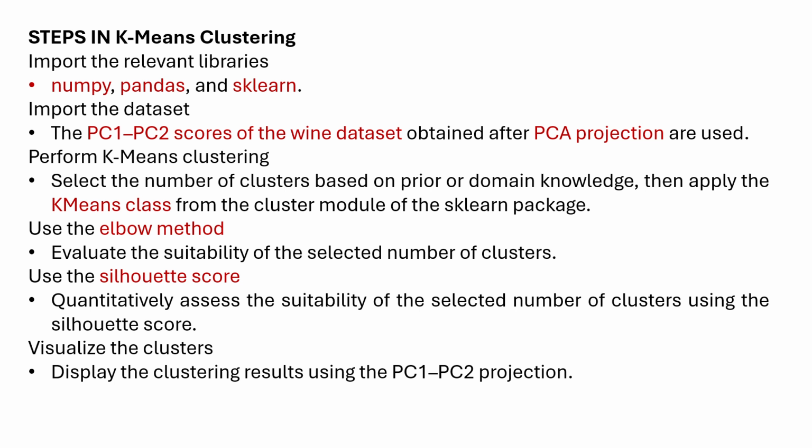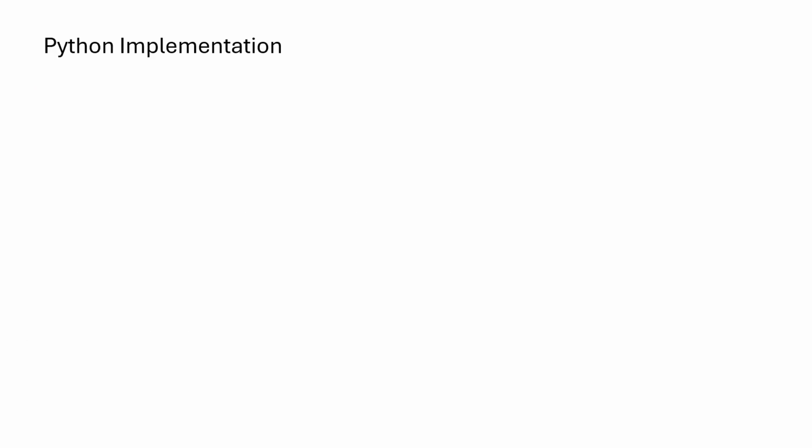Finally, we visualize the resulting clusters using the two principal components. This step-by-step workflow illustrates not only how to perform k-means clustering in Python, but also how to assess whether the resulting clusters provide a meaningful representation of the data. The diagram summarizes the step-by-step workflow used.